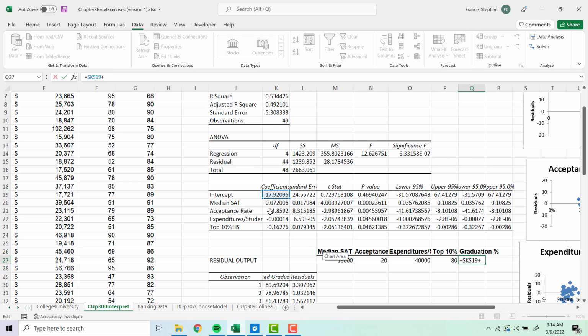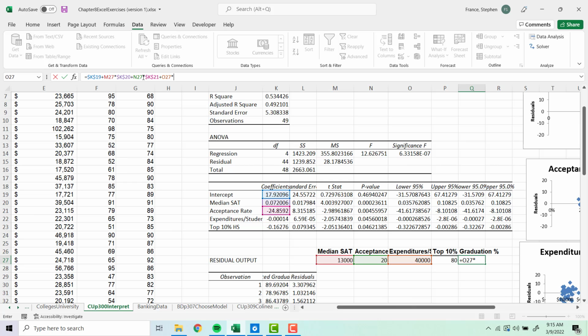I'll just say it's going to be the SAT times the beta 1. Oops. Plus the acceptance times the beta 2, plus the, where are we?